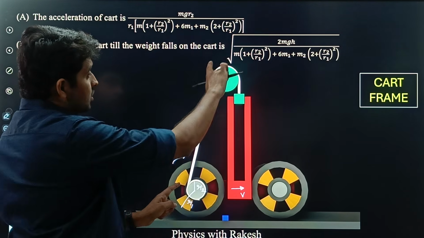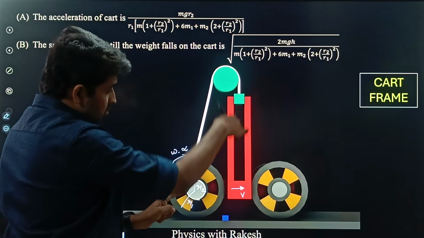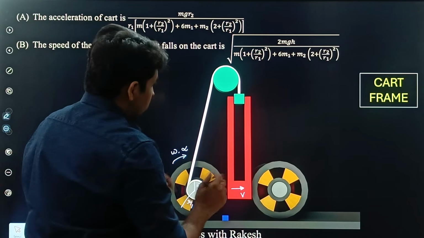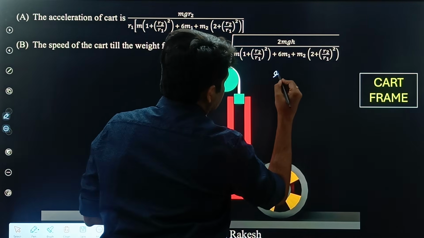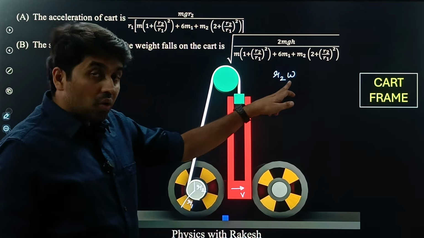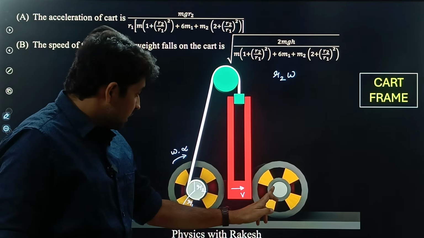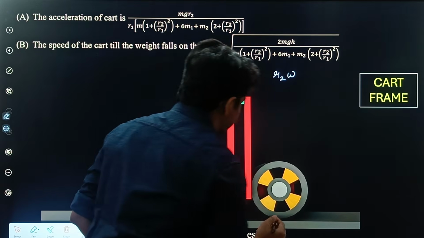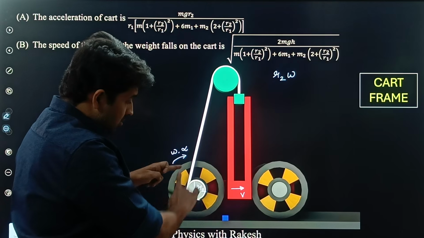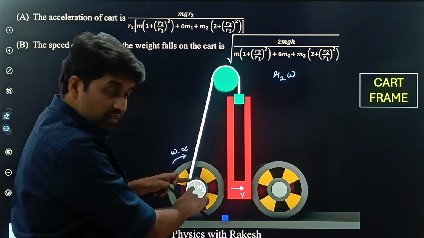So this goes with R2 omega, and this comes down with speed R2 into omega. Now, what is this R2 omega? Tell me. What is omega? Suppose this cart is going with speed V, and this radius is R1. This wheel is not slipping, so omega will be V by R1.